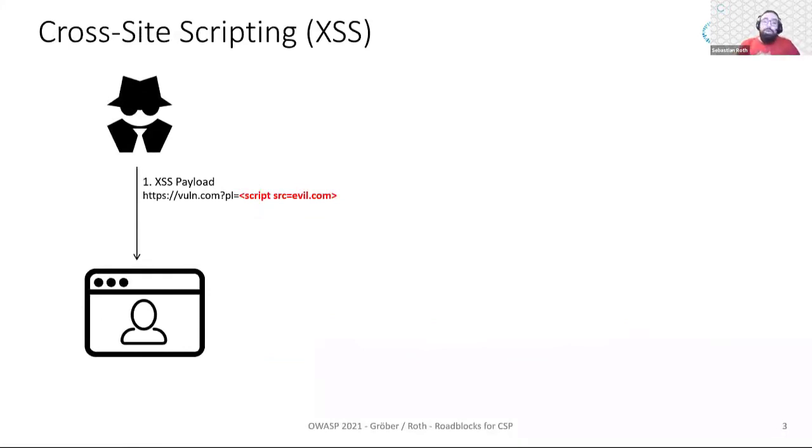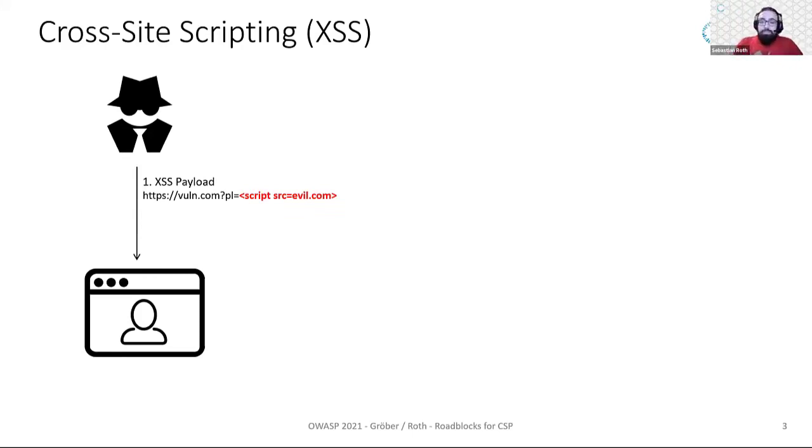Well, one of the most prevalent security vulnerabilities in websites is cross-site scripting. And to perform such an attack, an attacker lures a victim's browser to execute malicious JavaScript. In the example here, you can see that the victim's browser is lured into issuing a GET request to a vulnerable service, and this request contains a script tag that loads a malicious script.